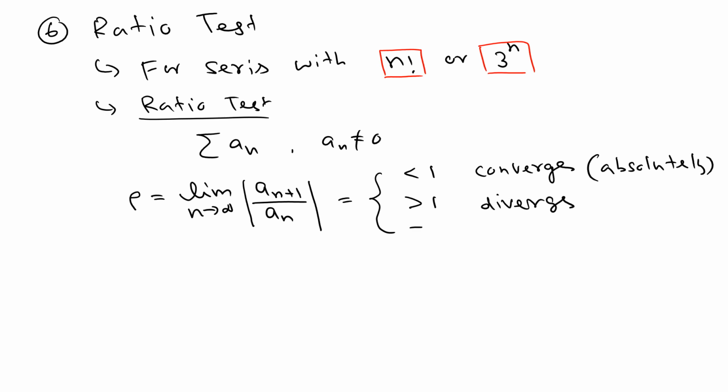And then sometimes you get a limit which is exactly equal to 1. If you get 1, then the test is inconclusive. You cannot say anything. In this case, we have to use other tests.